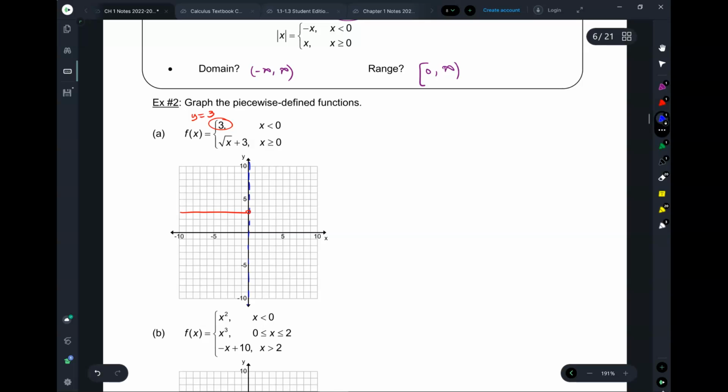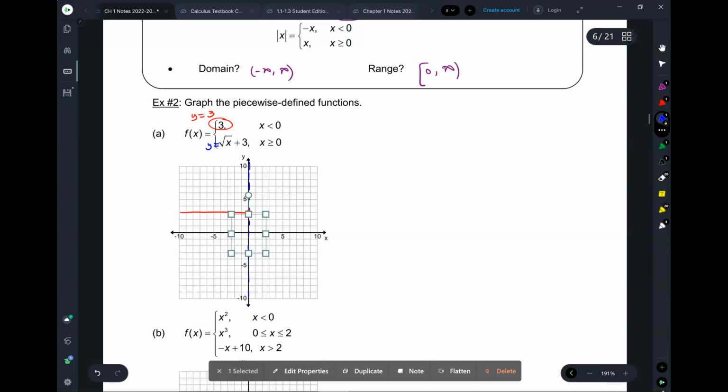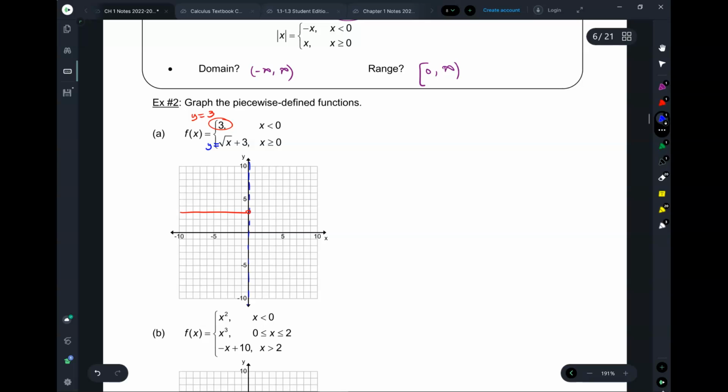The next one is like y equals root x plus 3. Exactly, it's like this. At the partition, at x equals 0, what value does that have? Just 3.